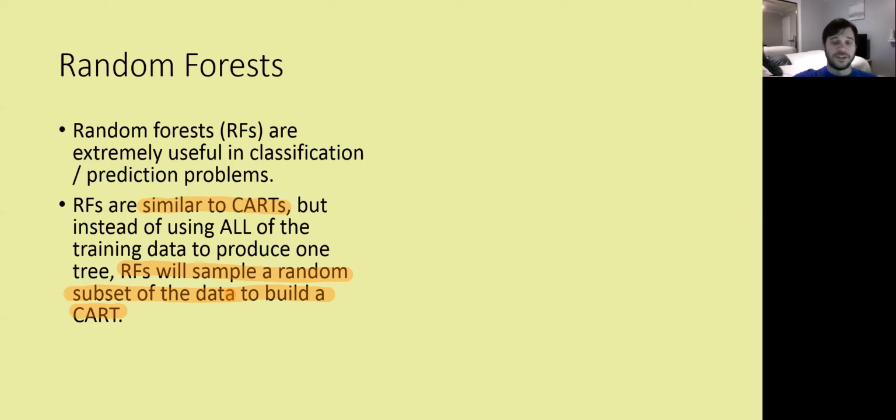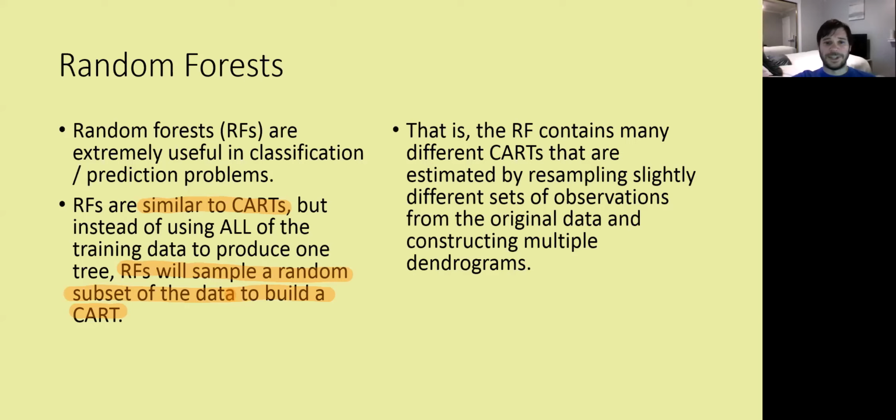We'll put all the observations in a bag, draw them randomly, record them, put them back, redraw again, and we'll be able to generate multiple sets of samples. And from each of those different samples, because there's a little bit of sampling error every time we resample from our original data set, we're going to wind up building slightly different versions of the CART. So the random forest contains many different CARTs. Each CART is estimated by resampling slightly different sets of observations from the original training data.